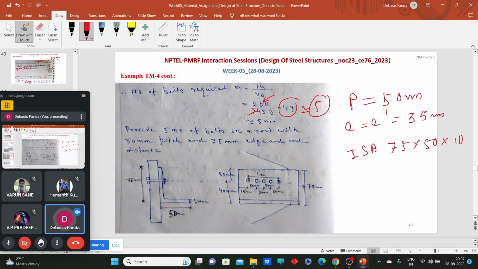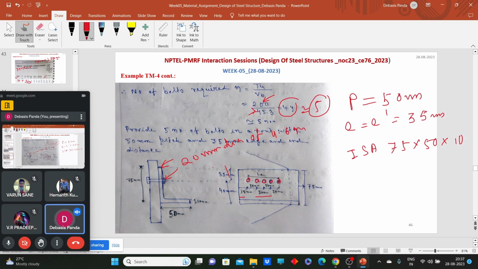Here the longer leg is connected, and this is your 20 mm dia bolt of 4.6 grade, and we have 5 bolts. So we have arranged these bolts 1, 2, 3, 4, 5 with a pitch distance of 50 mm and end and edge distance as 35 mm. So we have designed that connection.